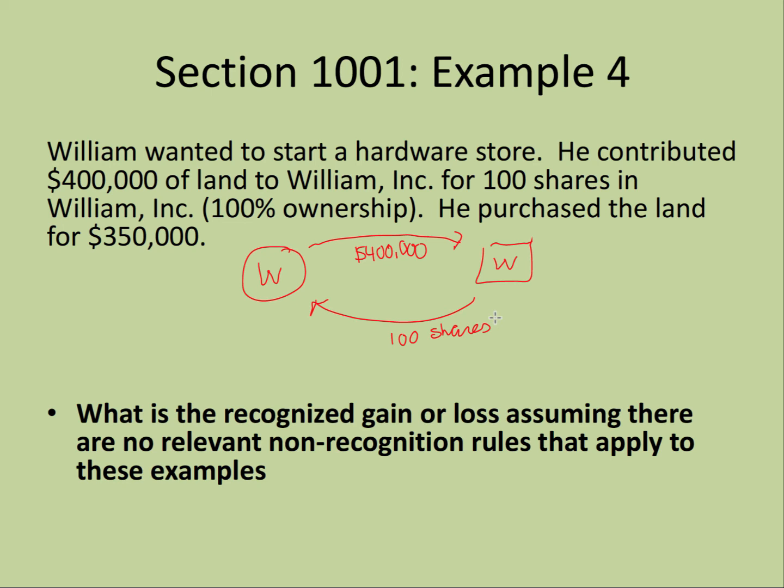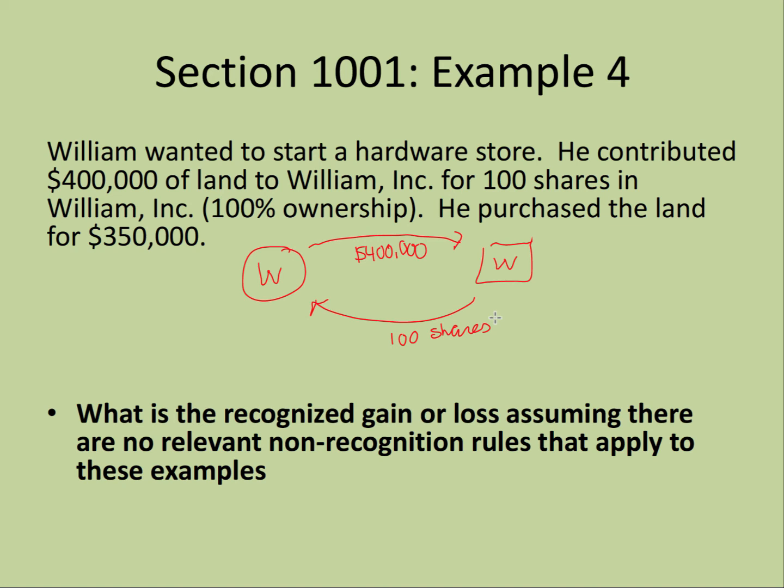$400,000. If William owns 100%, this is 100% ownership. Before the transaction, right, William owned the land, which was worth $400,000. After the transaction, William owns stock, which is 100% control, which is worth $400,000 because that's the only asset in the corporation.